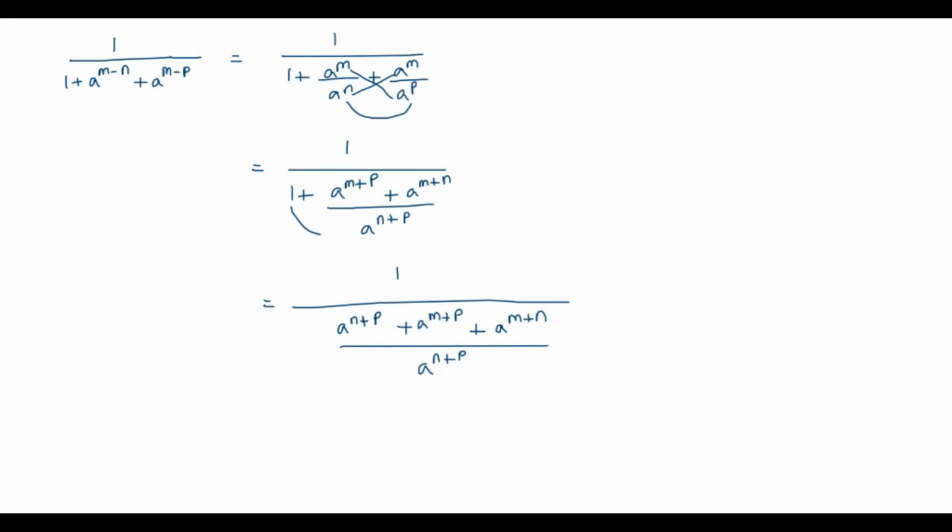Once this multiplication is done, we can take a to the power of n plus p as a common denominator. So in the next step, this denominator will come here and be multiplied by 1. Then we get a to the power of n plus p by a to the power of n plus p, plus a to the power of m plus p plus a to the power of m plus n.